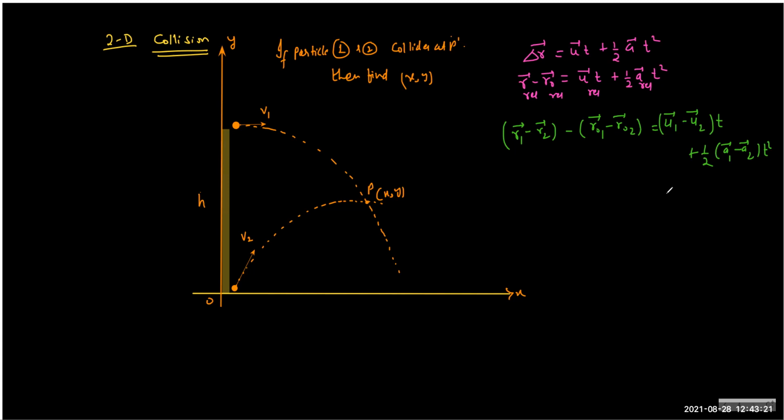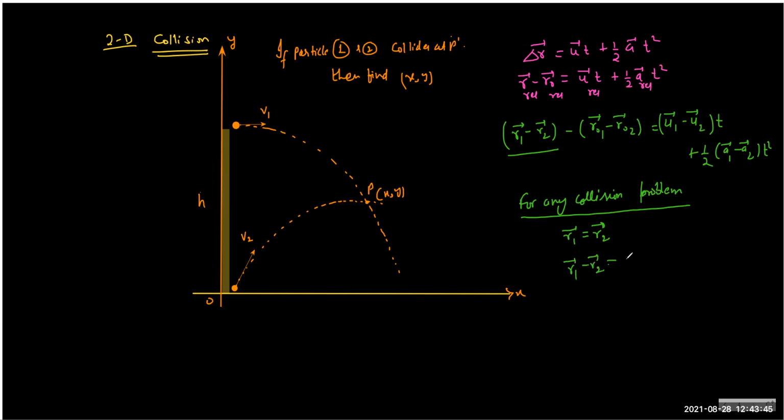Every time two projectiles meet, this term will automatically become zero. For any collision problem, R1 will be equal to R2, because they are meeting at the same point in space.